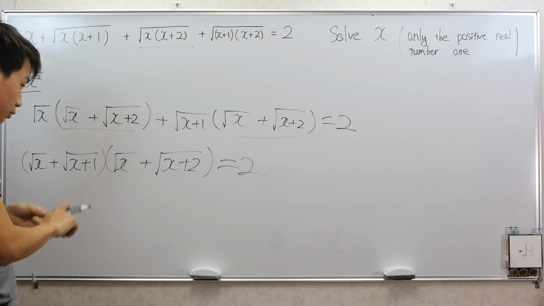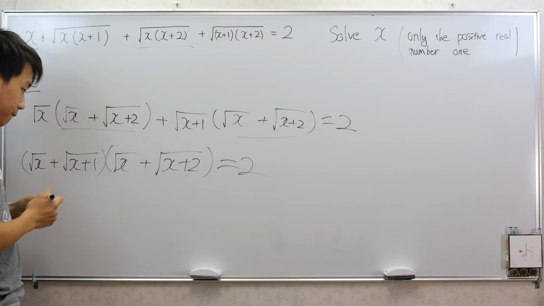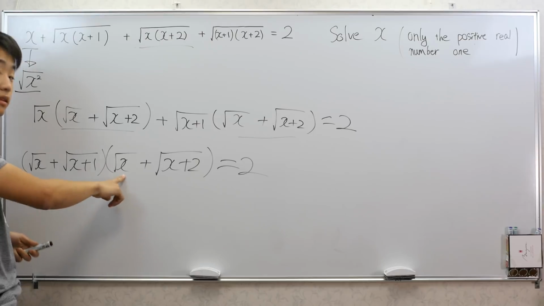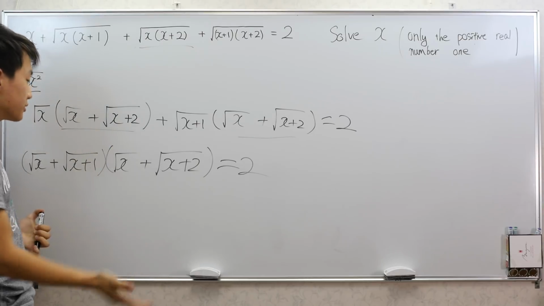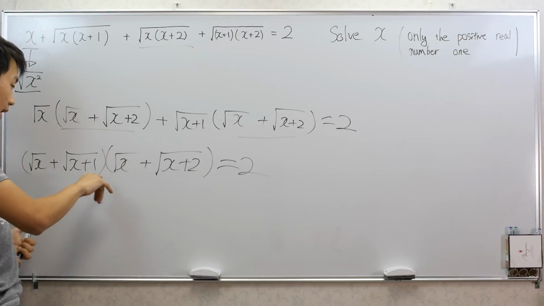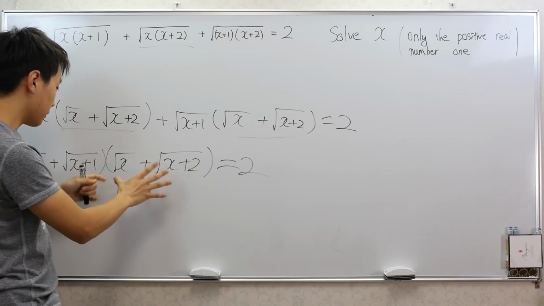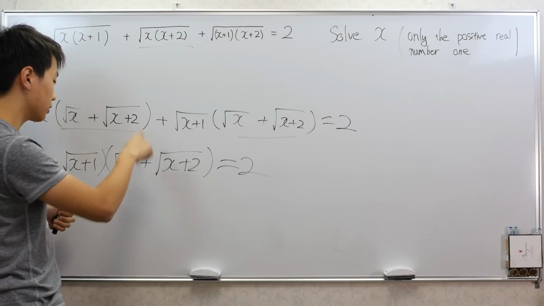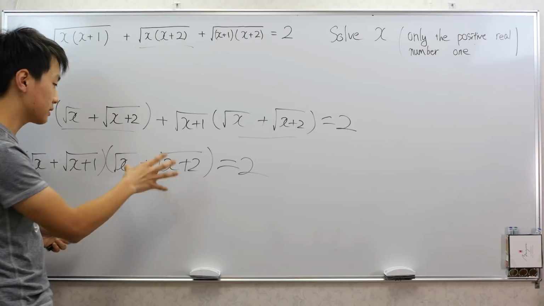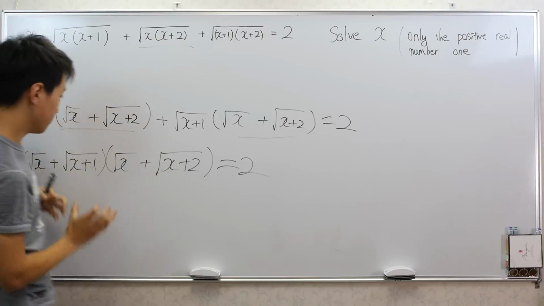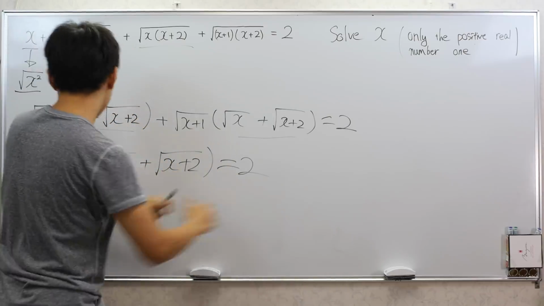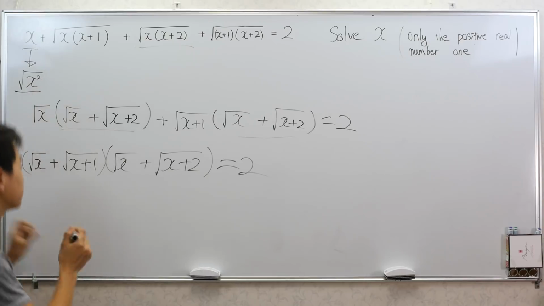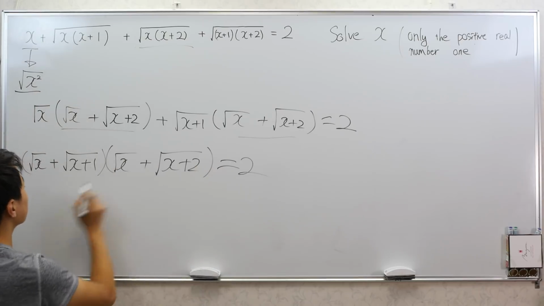Of course, x cannot be negative, and square root of x plus square root of x plus 2 would always be positive. So you can just bring this down here, which means dividing both sides by this.